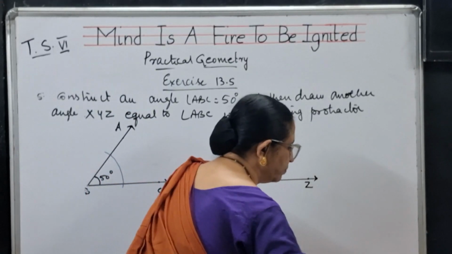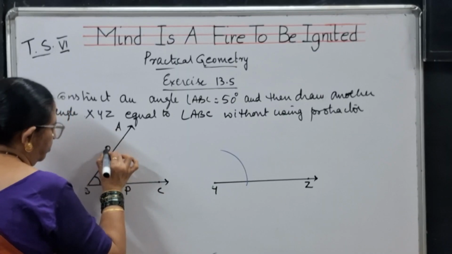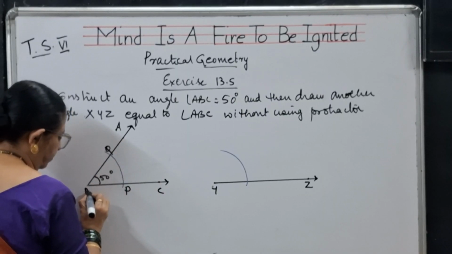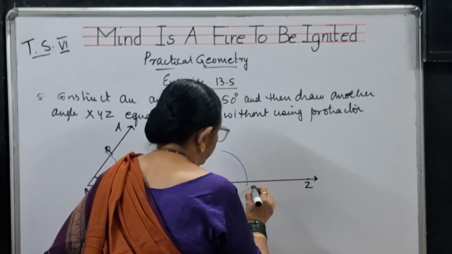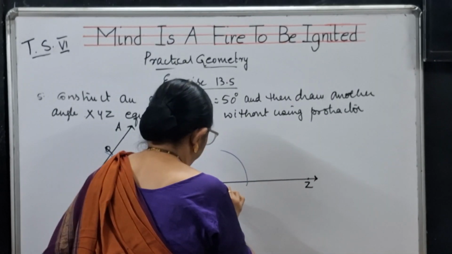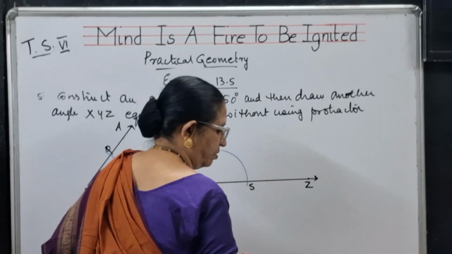So let me take these points as P and Q. Okay, now let me take this as Y, this is S.